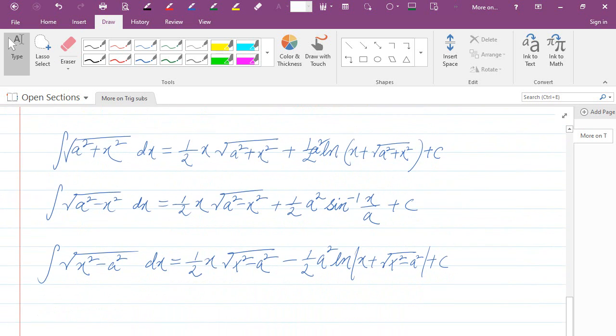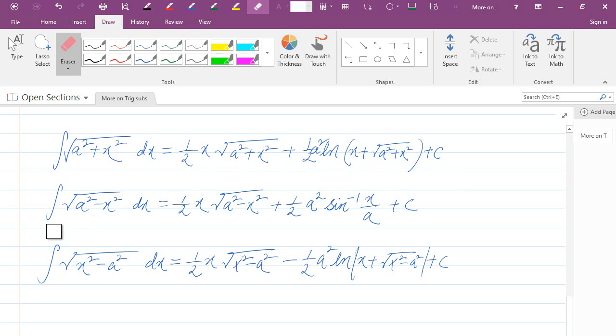So finally, let me end up by saying that we have just calculated that the integral of root of a squared plus x squared dx is equal to half of x root of a squared plus x squared plus half of a squared ln of x plus root of a squared plus x squared plus c.